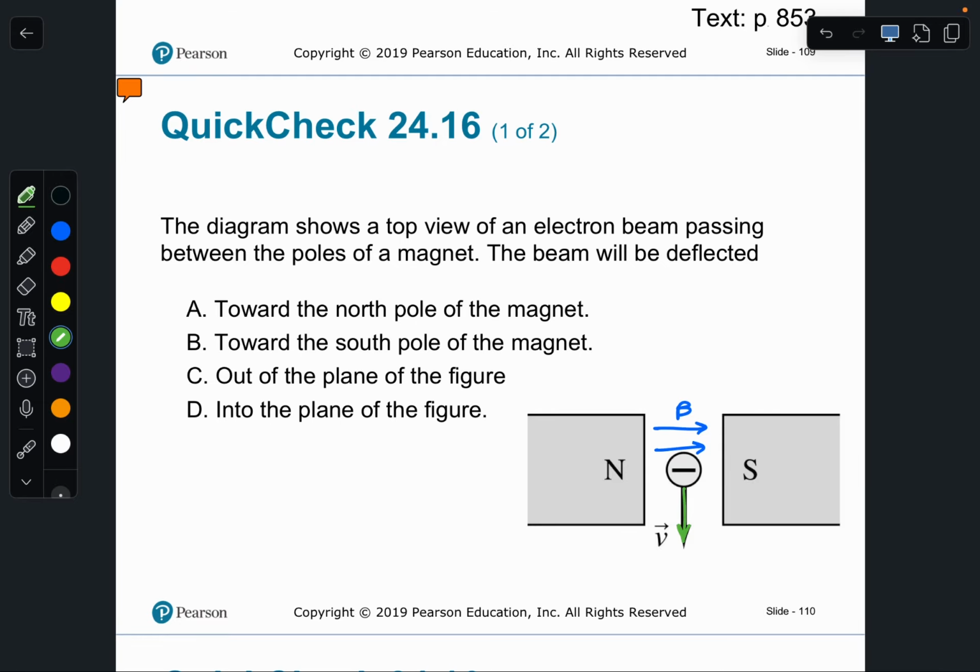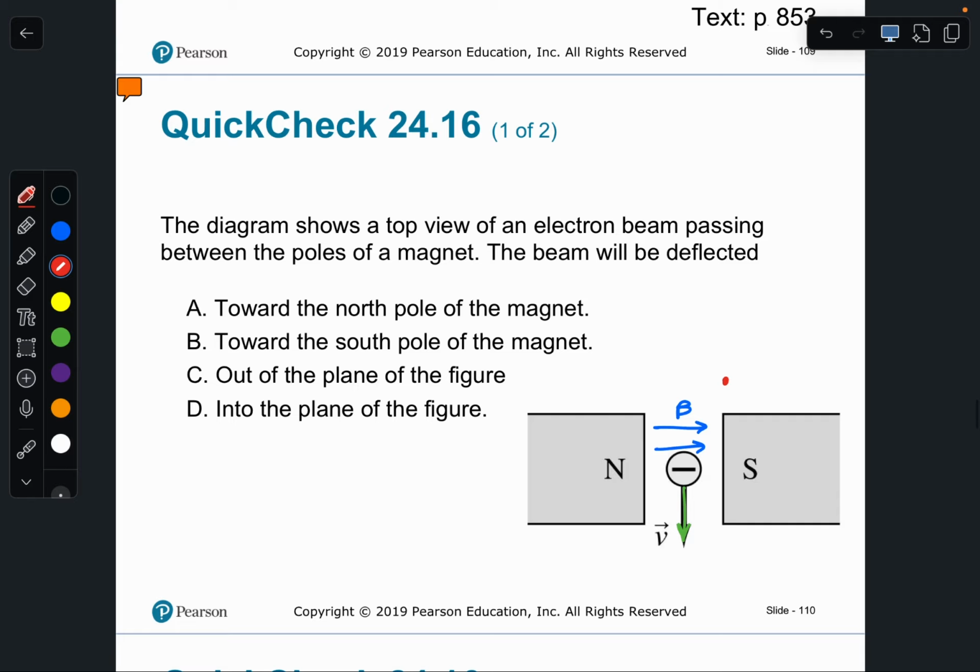F is pointing into the screen, that's an X. We can confirm with our right hand and just flip the answer. Thumb in V, pointer in B, middle finger pointing out, but it's my right hand and it's an electron, so I need to flip my answer, so it should also be pointing into the screen. So it's into the screen.